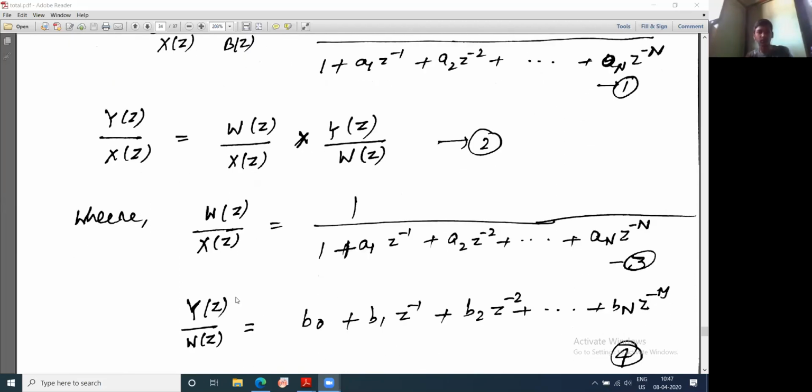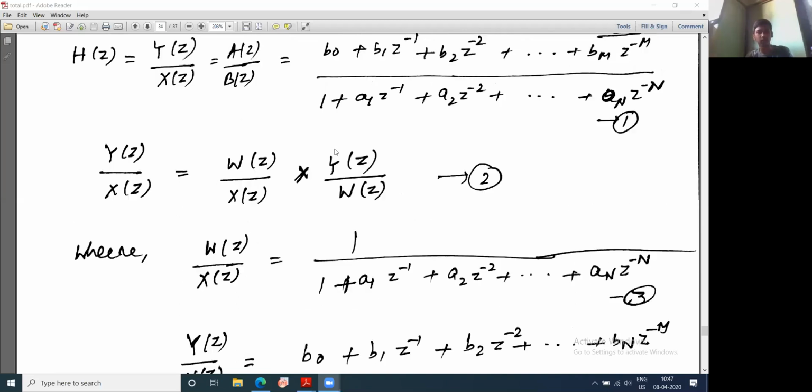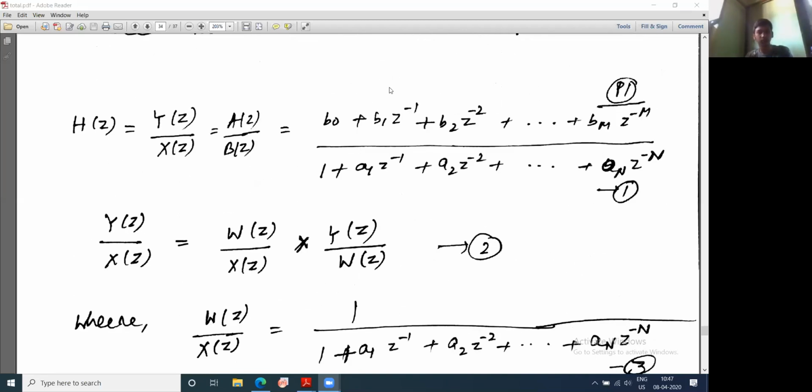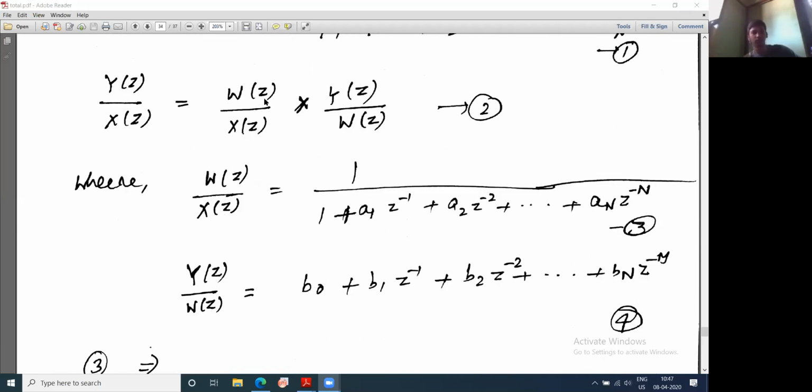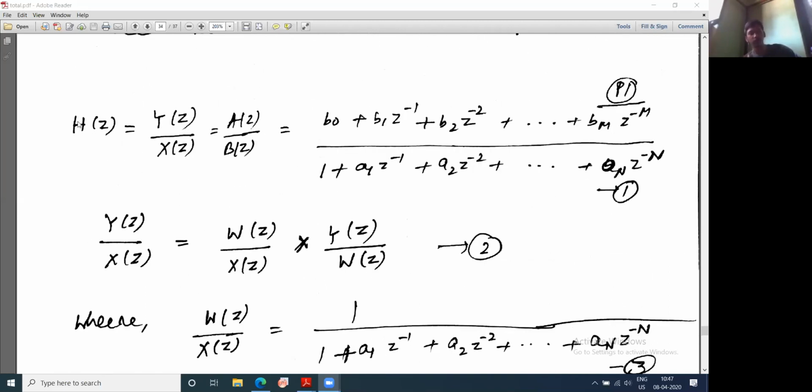I am taking another new variable W(z). Basically, you have Y(z) by X(z), which is your H(z), but I am writing it as W(z) by X(z) times Y(z) by W(z).